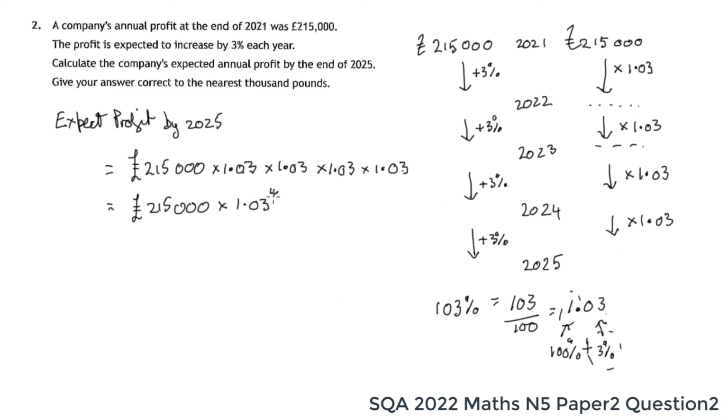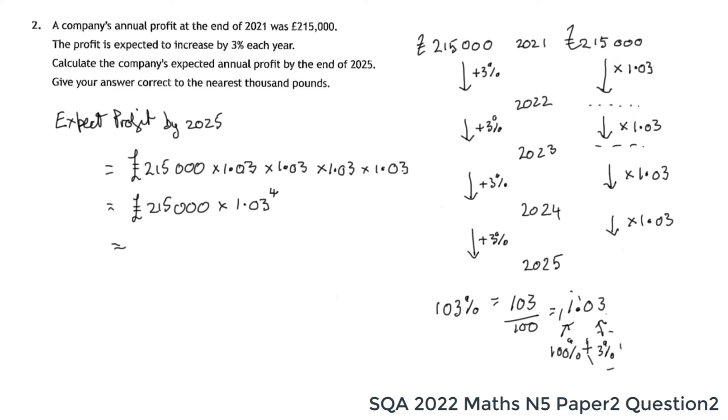together. Now in calculators, that's easy to do. We just take it to the power 4 of them multiplied together. So here's the calculation to get the sum of money profit by 2025.